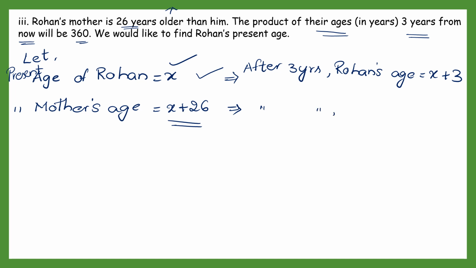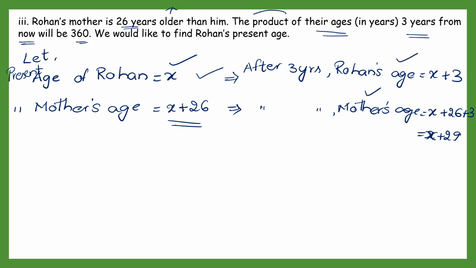After 3 years, mother's age will be what? You should add 3. That means x plus 26 plus 3. You will get x plus 29. So, 3 years from now, we are able to find Rohan's age and mother's age.